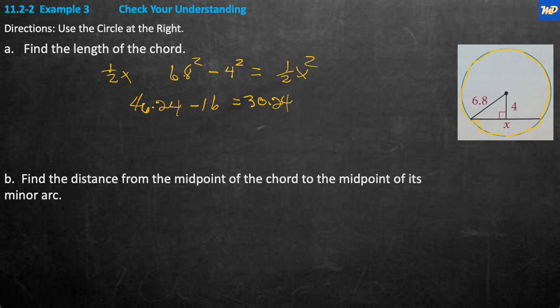So now, if we take the square root of both sides, we're going to get the square root of 30.24, and the square root of our 1/2 x squared value, right? So that's going to give us the square root of 30.24, which is going to be 5.5.